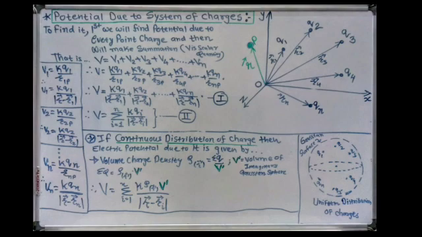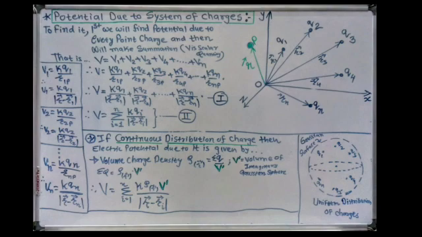So in three dimensions we get the equation V is equal to V1 plus V2 plus V3 up to Vn. So ultimately V is equal to kq1 upon mod of (r minus r1) plus kq2 upon mod of (r minus r2) and so on, up to kqn upon mod of (r minus rn). In general, V is written as summation i equal to 1 to n of kqi upon mod of (r minus ri).